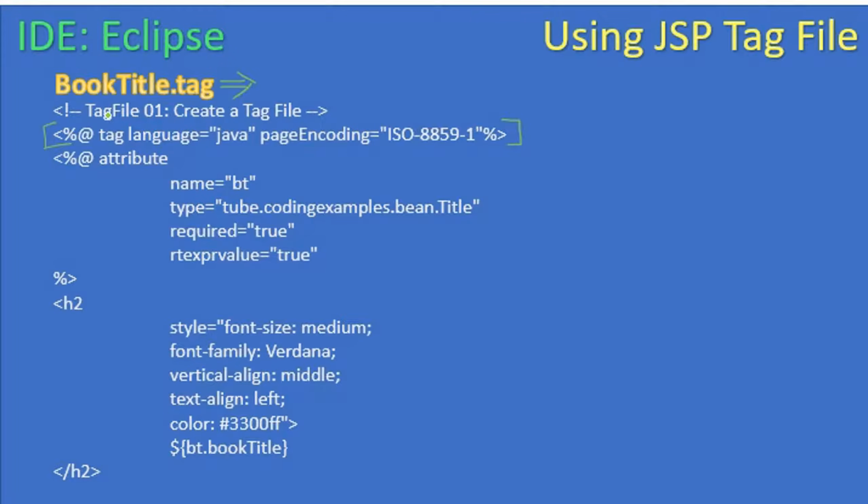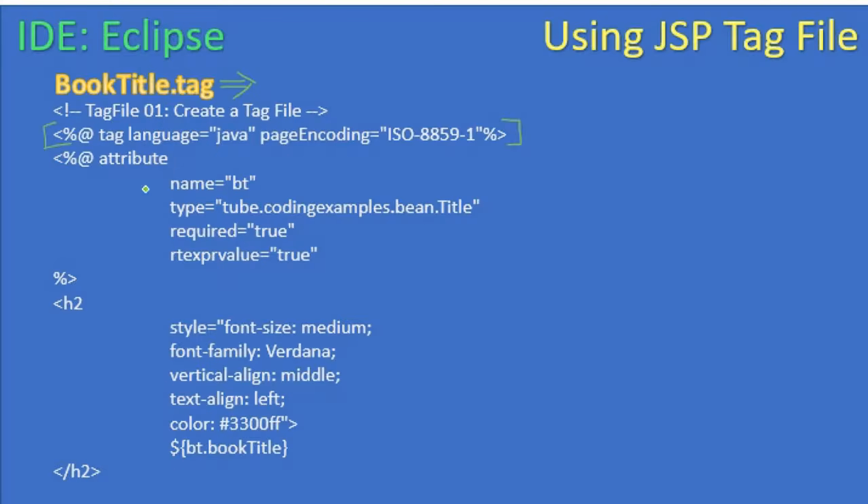Suppose if you want to define a tag that will print all the book titles, then you can name your file to match with the tag name. So if your JSP programmer asks for a custom tag, stores, then you have to define a tag called stores.tag. Then it may have attributes to collect the stores and print it.